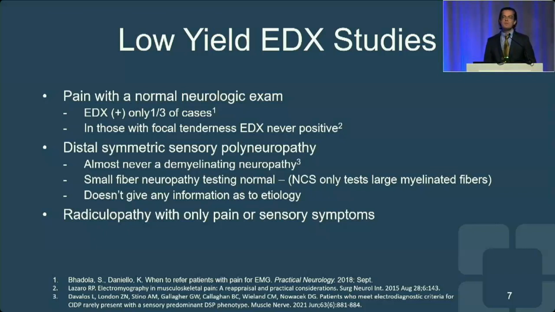So especially in patients who have clear risk factors for distal symmetric polyneuropathy, I don't think the electrodiagnostic study yields a whole lot. Also in patients who have radiculopathy with pain or only sensory symptoms, the electrodiagnostic study wouldn't probably be my first test that I order.